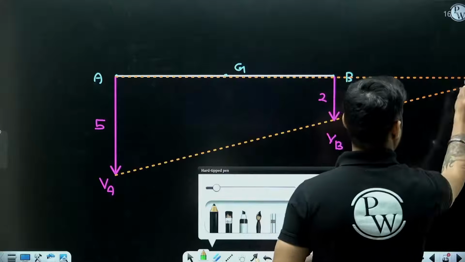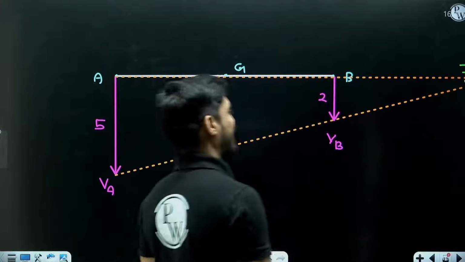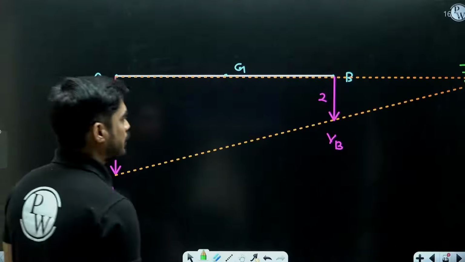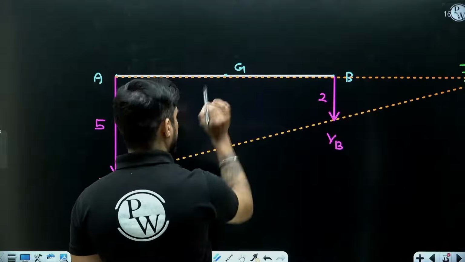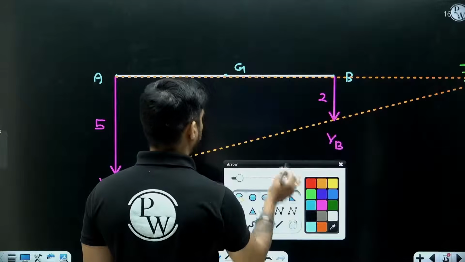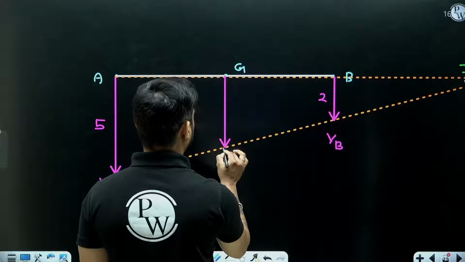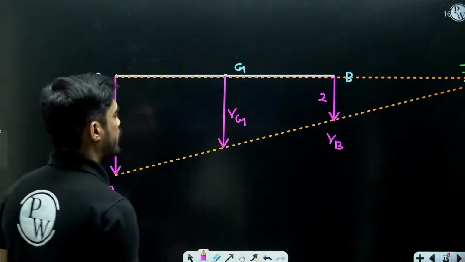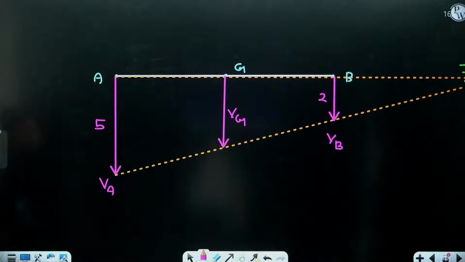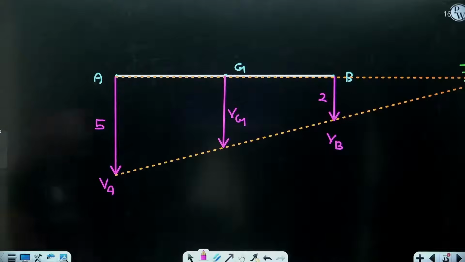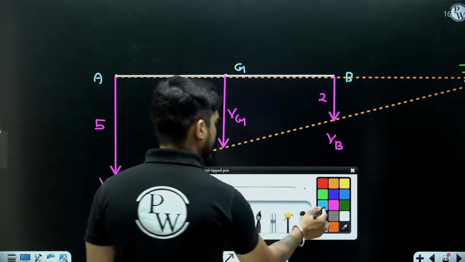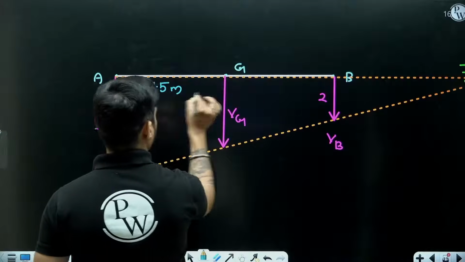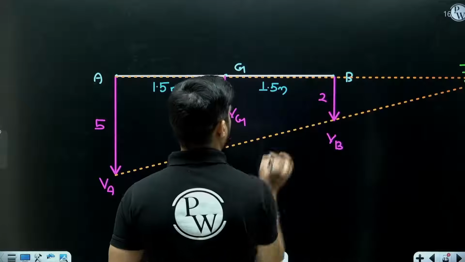Let's imagine that this is the intersection. Now I need to find the velocity of G. This will be the velocity of G. So how do I find it? Similar triangle. This distance is 1.5 meter. This distance is 1.5 meter.